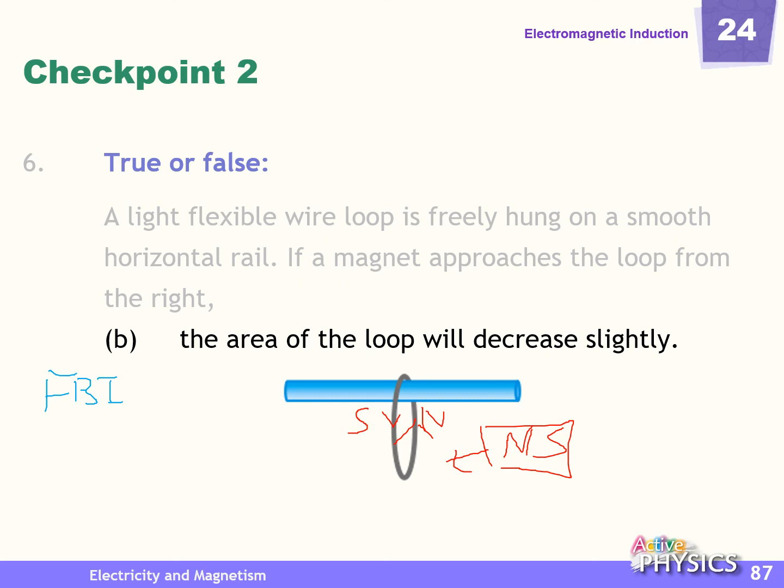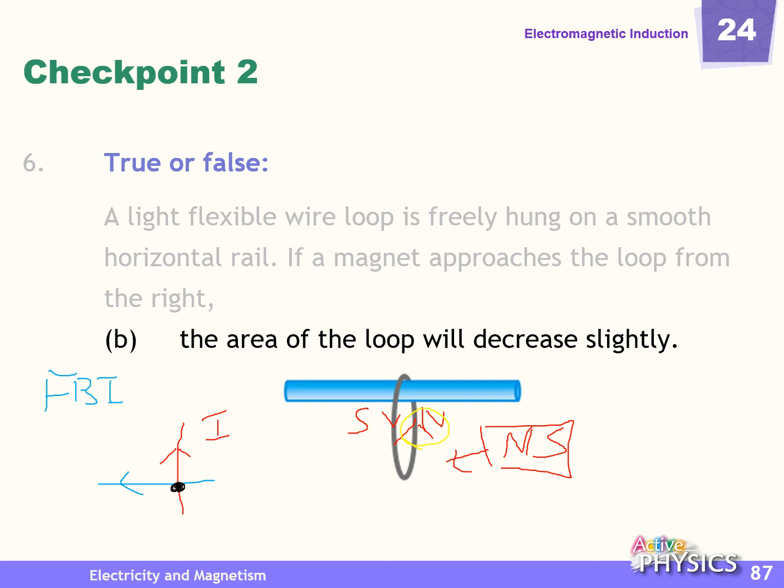So if we focus on this end, then we will find that the current is pointing up, and the magnetic field points toward the left-hand side. So what is the direction of force? Using the left-hand rule, you will find that the direction of force is pointing out of the paper, right?